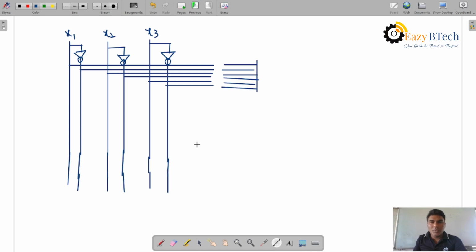This is one AND gate, a programmable AND gate. Another AND gate we can take.